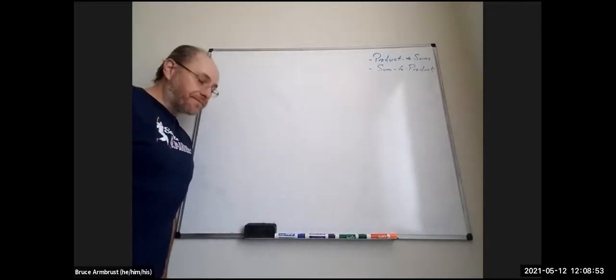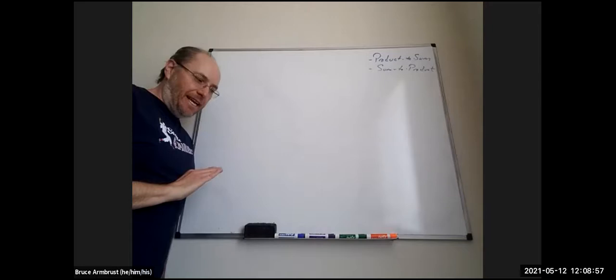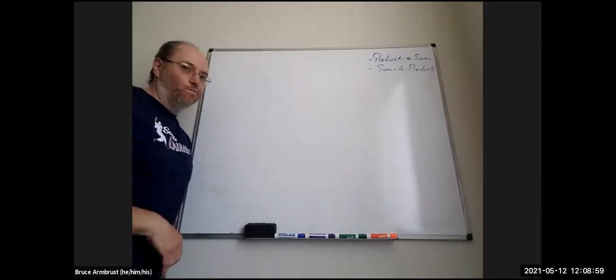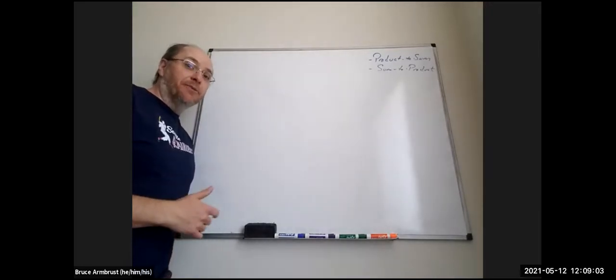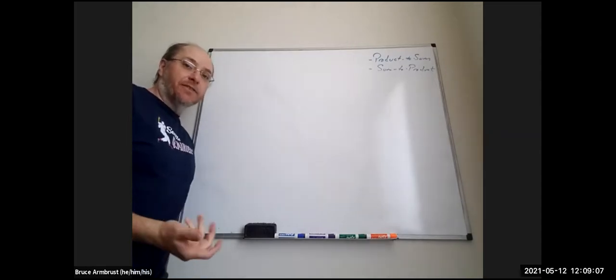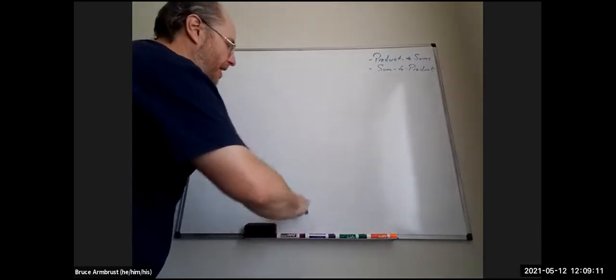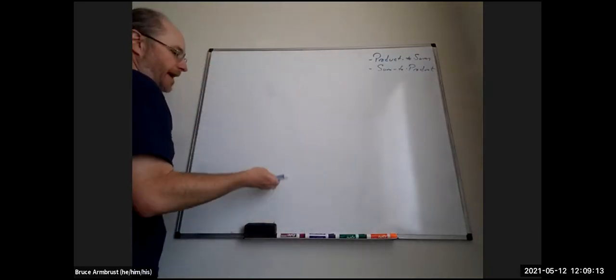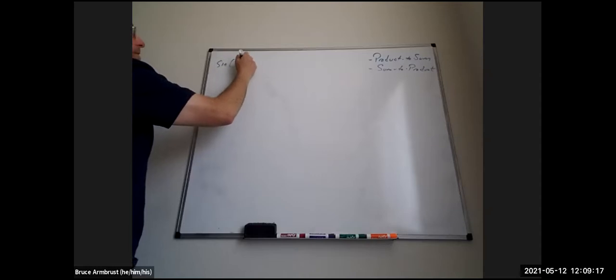Okay. Now, to derive these, we don't actually need anything new. We're actually just going to use identities we already have, and specifically, we're going to look at the sum and difference identities for sine and cosine. Okay, so let's just take a look at the two for sine real quick. Remember, we had sine of alpha plus beta.